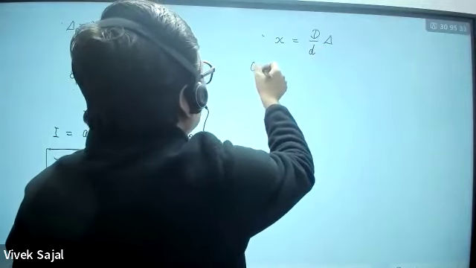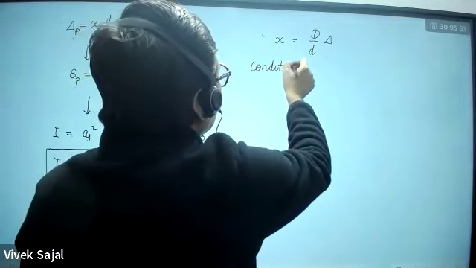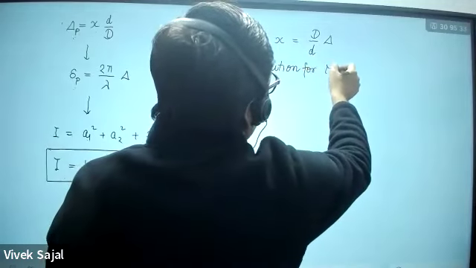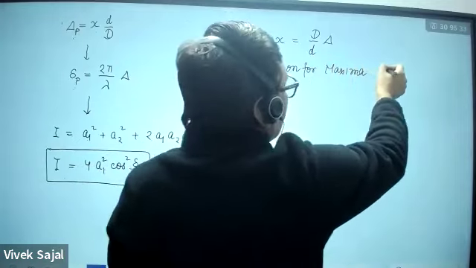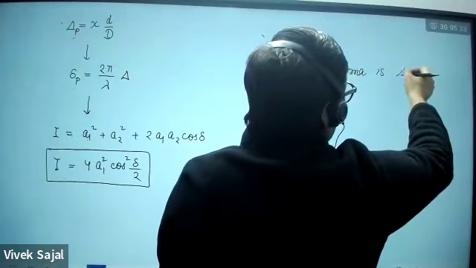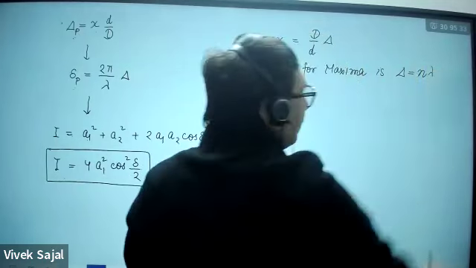So the condition for maxima is that delta will be equal to n lambda.